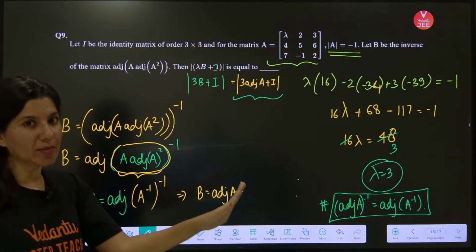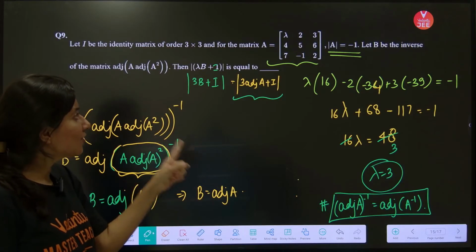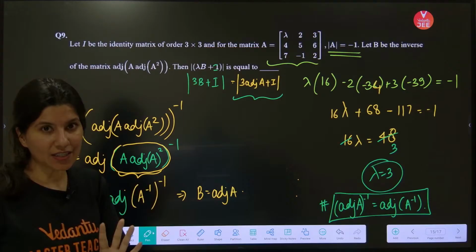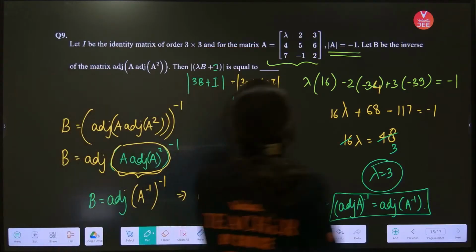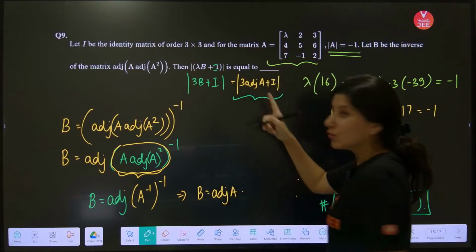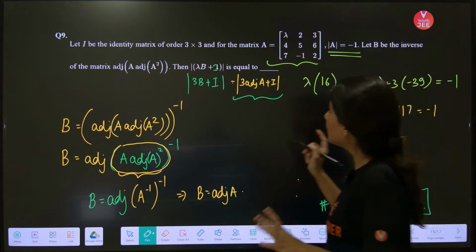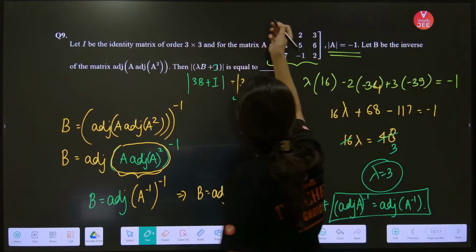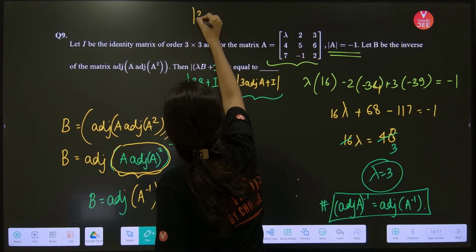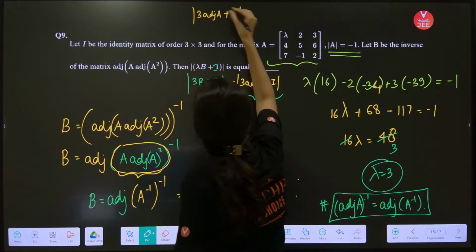I'm not going to recommend it, because you don't want adjoint A, you want the determinant of 3 adjoint A plus I. So let's use that property which says A into adjoint A. This is what I want: the determinant of 3 adjoint A plus I.